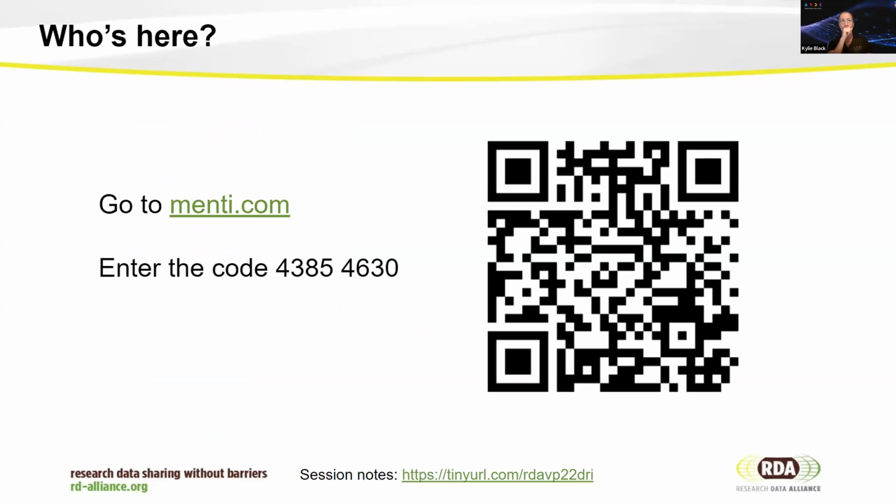So I've got the QR code there and there's the code number. The second question is, in what way do you interact with digital research infrastructure? When you get to that question, just note that you'll need to scroll to the end of the options and click the submit button for those responses to be tallied.